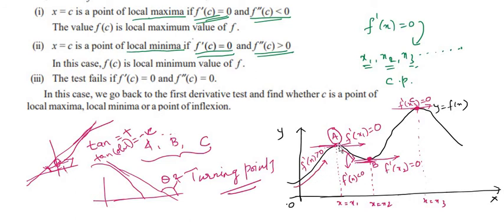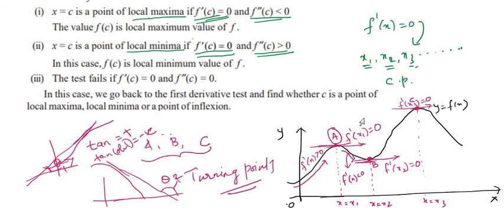Here the function is increasing, f dash of x is greater than 0, then f dash of x1 is equal to 0, and again f dash of x becomes less than 0. The function goes on increasing, then at the turning point it changes direction and now it comes down. Understood?